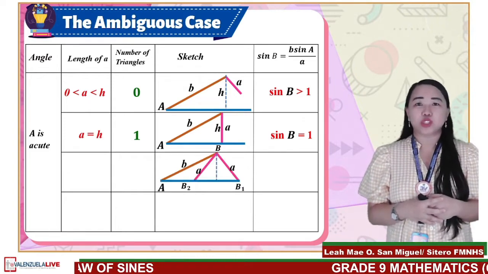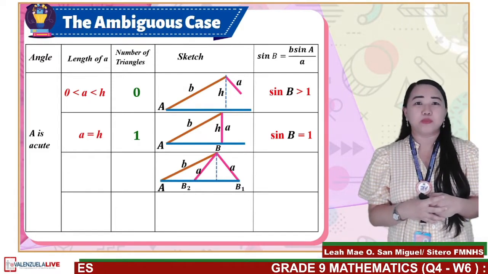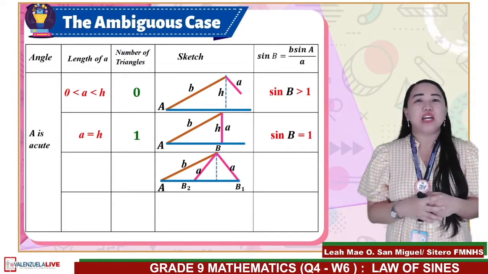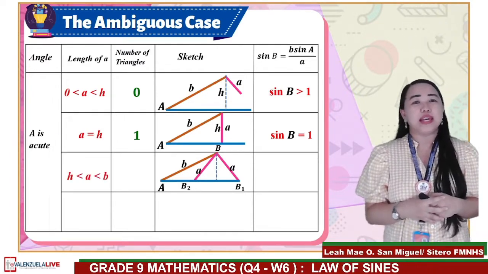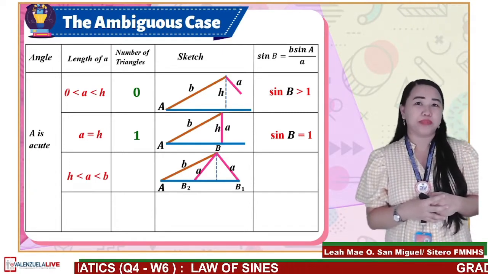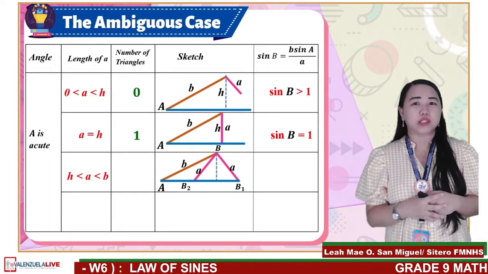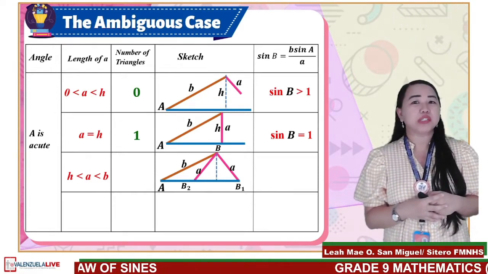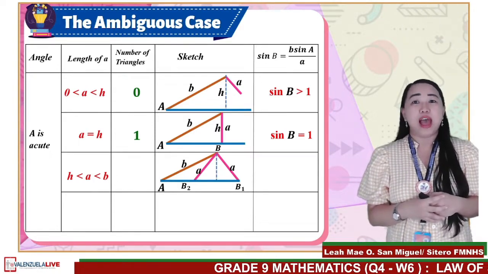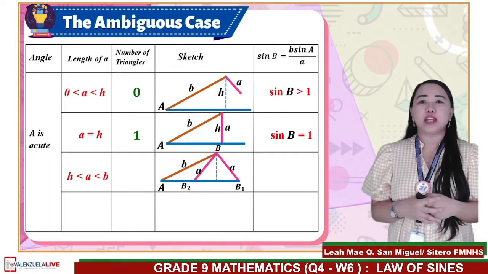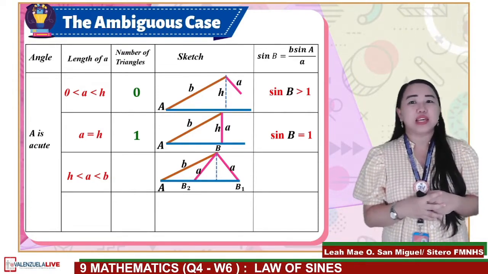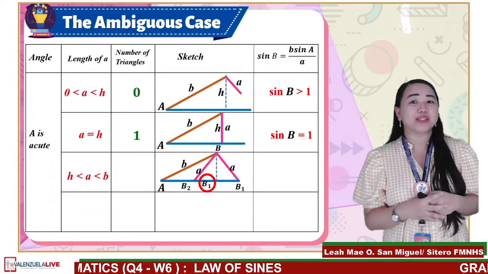The third sketch shows 2 sides, represented by the color pink, with the same length A. The relationship of this side is A is greater than h, but less than B. How is this sketch possible? The angles B sub 1 and B sub 2 are supplements of each other. How? The angle adjacent to B sub 2 is congruent to B sub 1. Thus, this angle is equal to B sub 1.